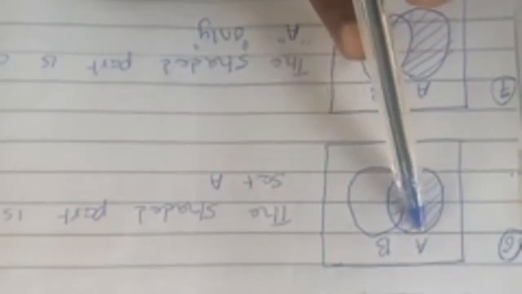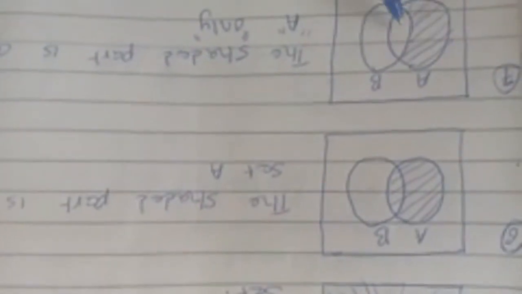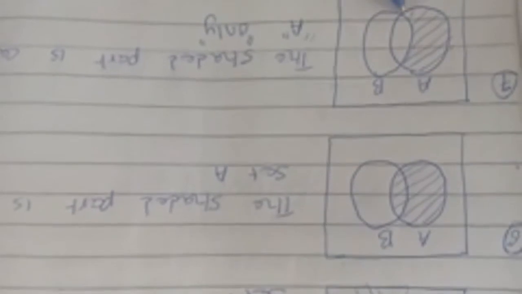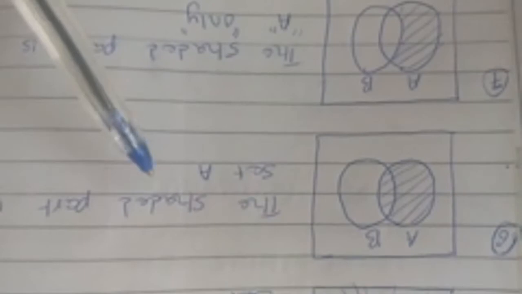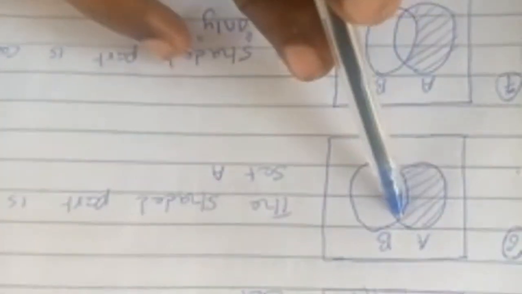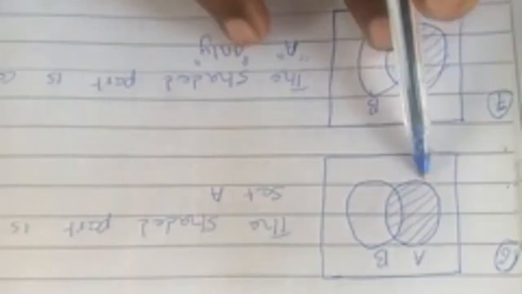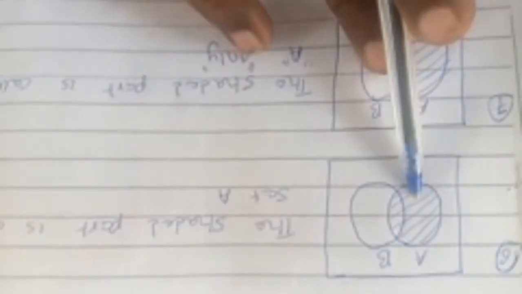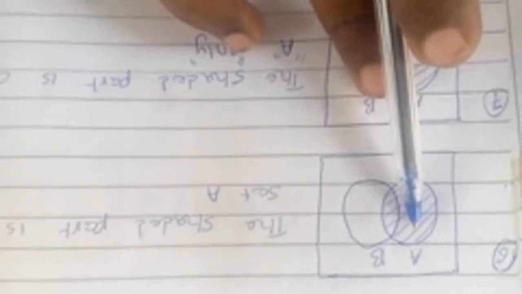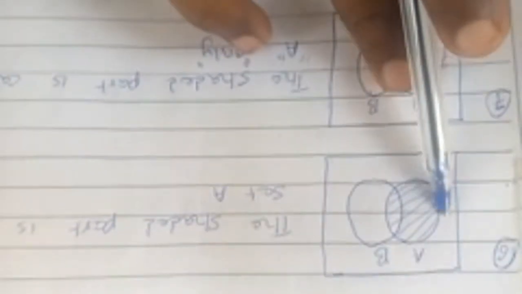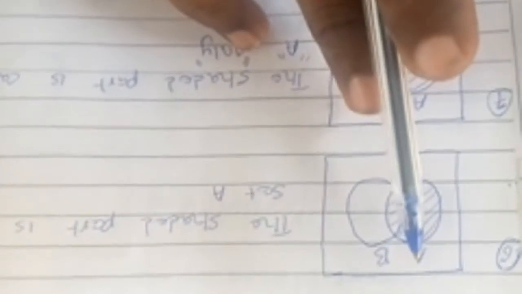Whenever they say set A, this whole circle belongs to set A. But when they say A only, then this place is excluded. Sometimes you see that they will say 30 people offer mathematics. That 30 represents the whole of this set A. The whole of this set A is what we refer to as 30 people.